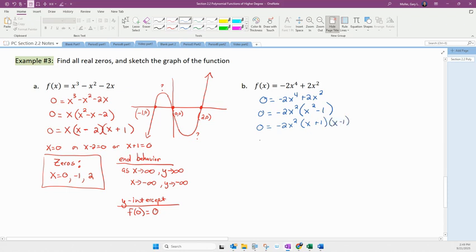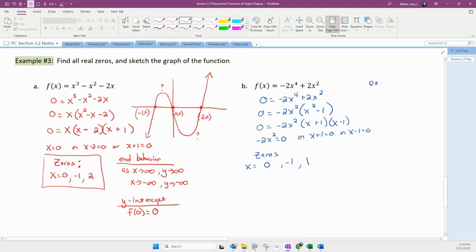All right, so I have zeros when negative 2x squared equals 0, or x plus 1 equals 0, or x minus 1 equals 0. So in other words, I have zeros at 0, negative 1, and positive 1.